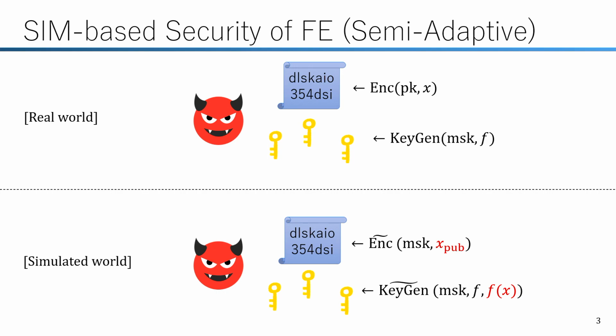In the simulated world, the challenge ciphertext is generated using only the public part of the challenge message, and the simulated secret keys are generated using the function f and f of x. The FE scheme is said to be secure if efficient adversaries cannot distinguish these two worlds.